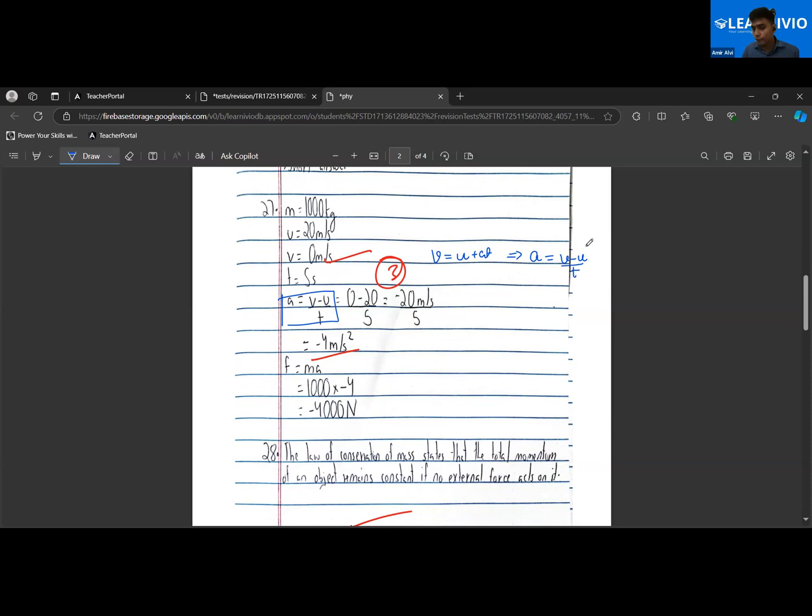If you want, you can also substitute the values in the original formula. Here v is 0, u is 50, and we calculate a. So 0 = 50 + a times 20, and a is equals to minus 4 meter per second squared.